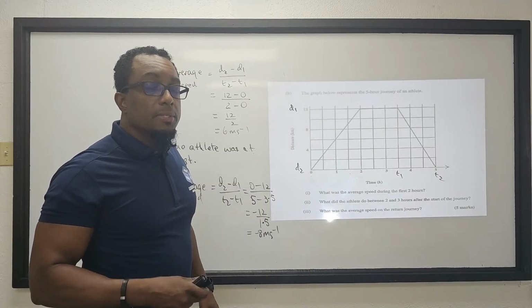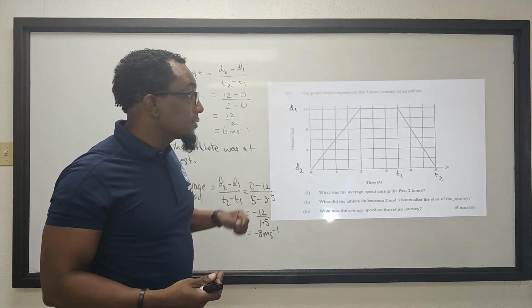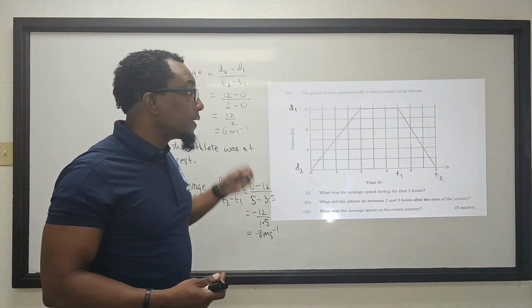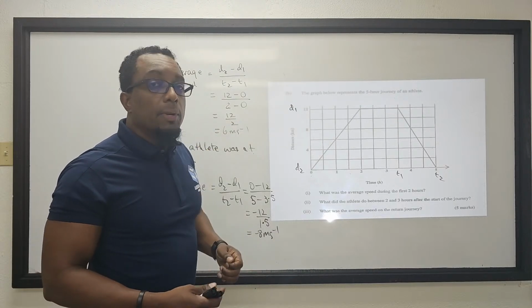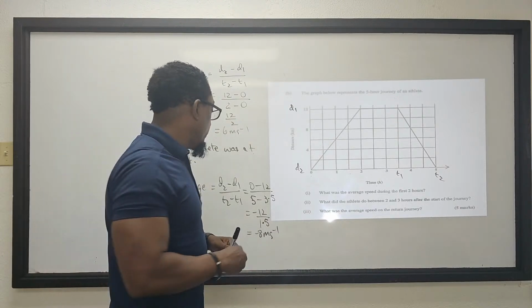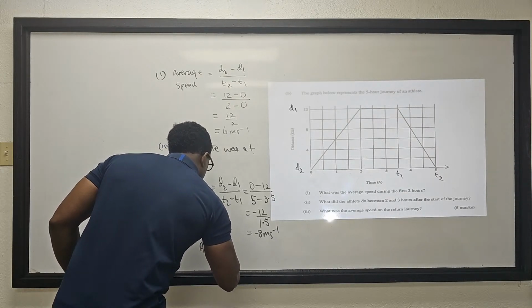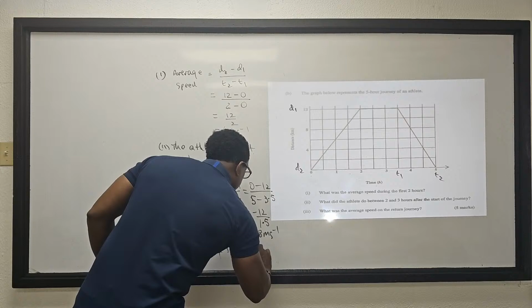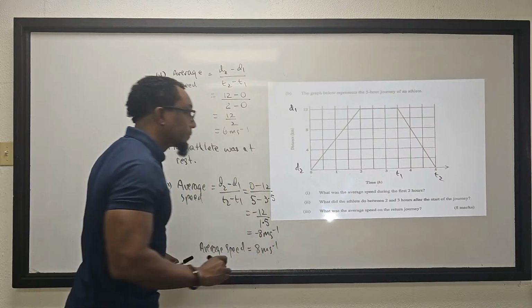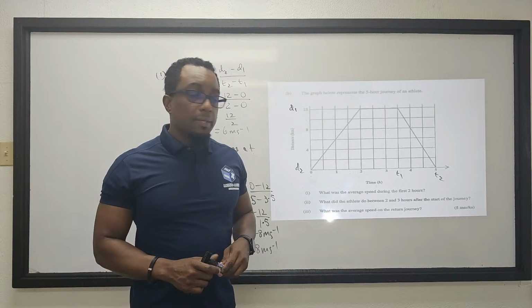Because distance and speed are always positive when it comes to a distance time graph. Speed, whether you're moving towards or you're returning, will always be positive. So therefore the average speed will be equal to 8 meters per second. So we state the result as a positive result.